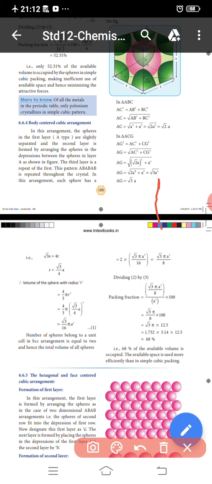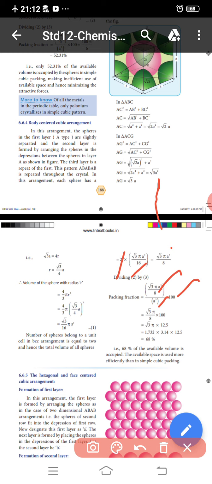Then divided by A cubed, the volume of the unit cell, into 100. Apply the packing fraction formula: the total volume occupied by the spheres in the unit cell divided by the volume of the unit cell, into 100, to calculate the percentage.